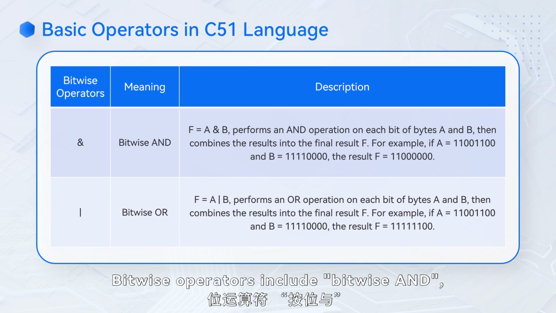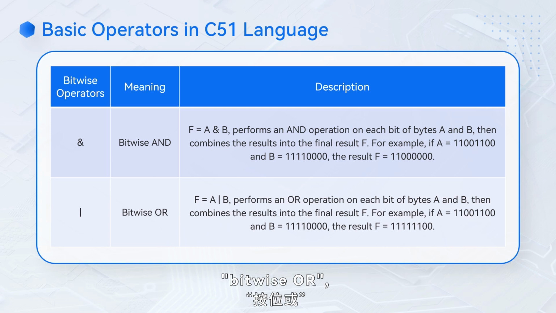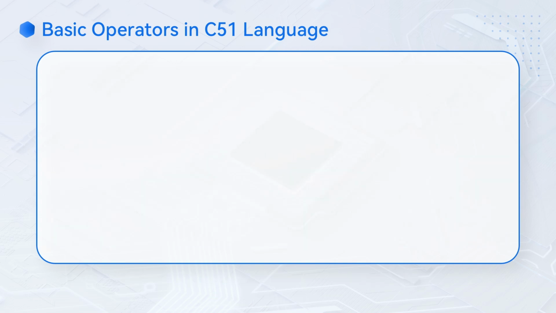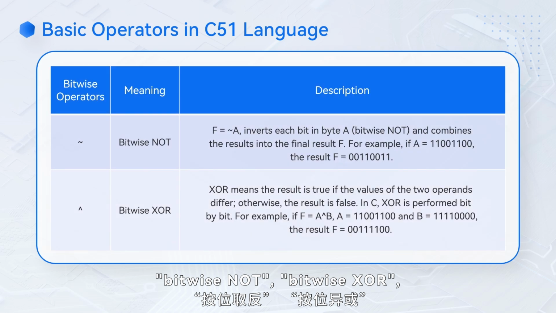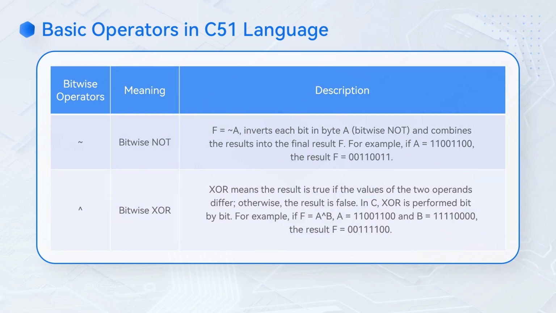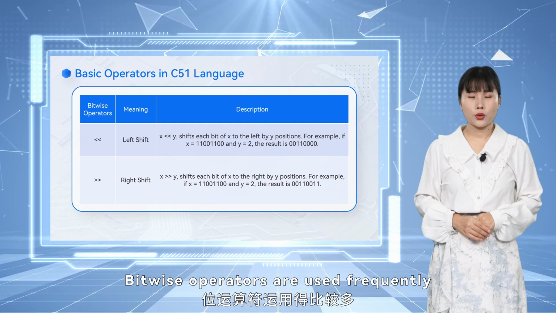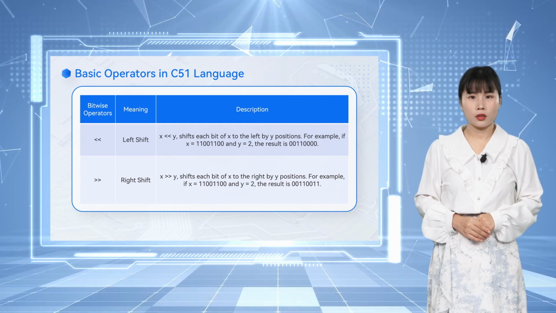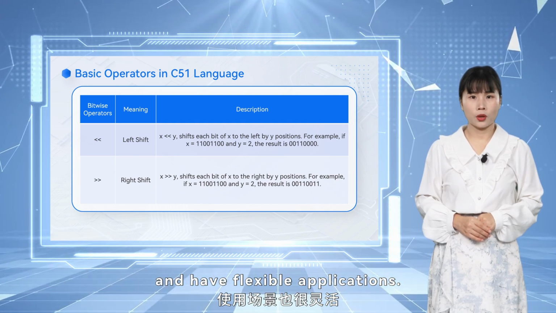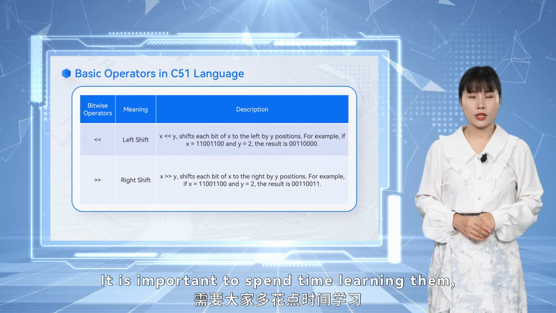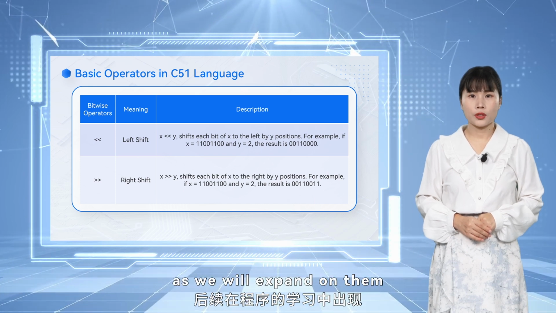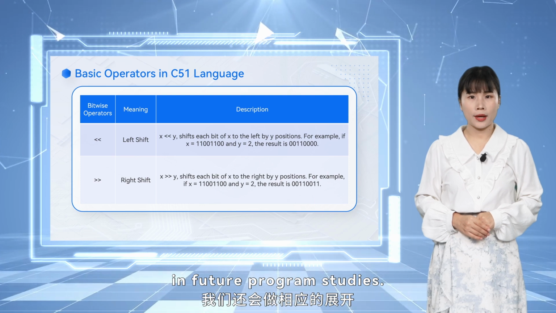Bitwise operators include bitwise AND, bitwise OR, bitwise NOT, bitwise XOR, left shift, and right shift. Bitwise operators are used frequently and have flexible applications. It is important to spend time learning them, as we will expand on them in future program studies.